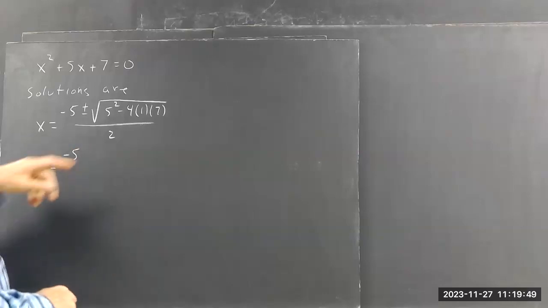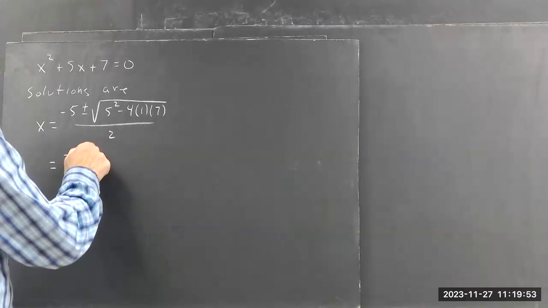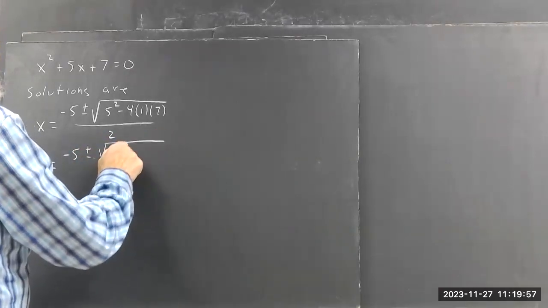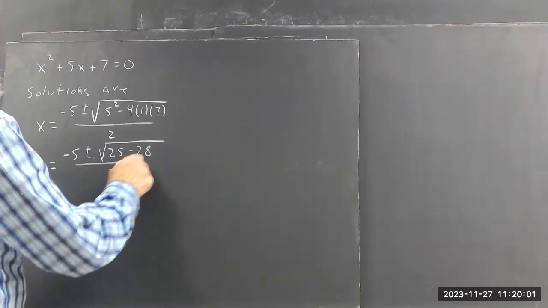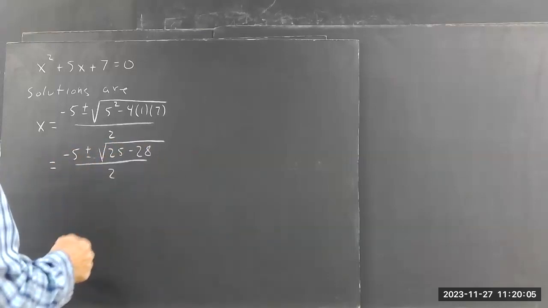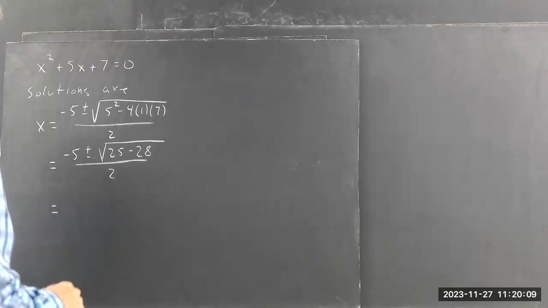So if I do the arithmetic inside the parentheses, I get -5 plus or minus the square root of 25 minus 28, all divided by 2.